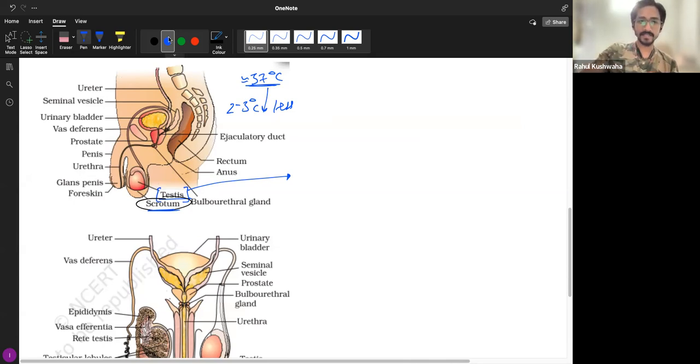Now, one thing that NCERT doesn't tell you is that at the junction of testes and the body wall, you would... so first write down the answer.